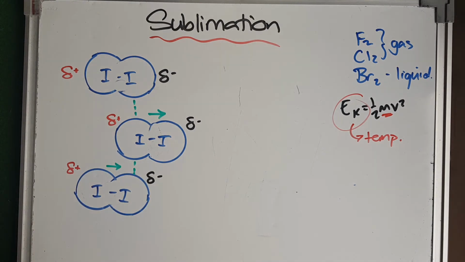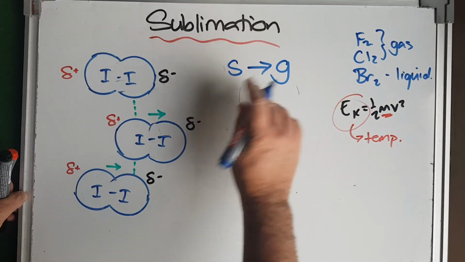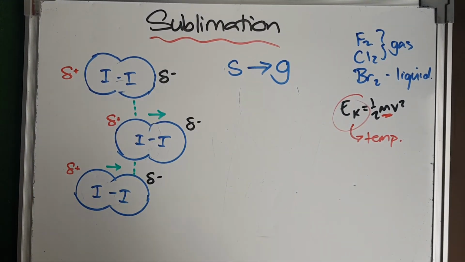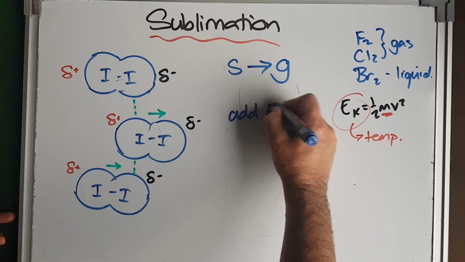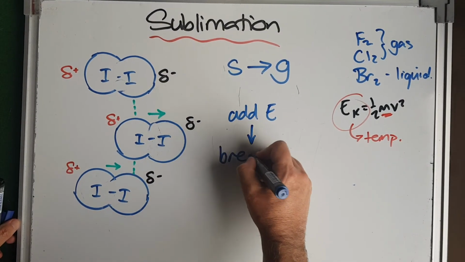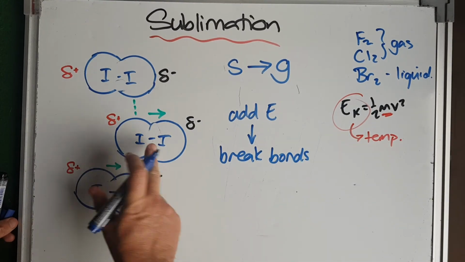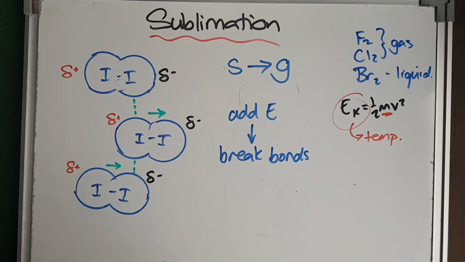So sublimation occurs when we go directly from the solid state to the gas state, no liquid in between. It happens because when I add energy, what happens is that I break the bonds, not the iodine-iodine here, but the I2-I2 bonds, these green ones.